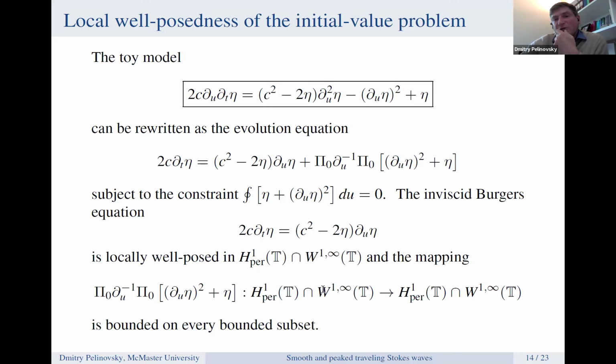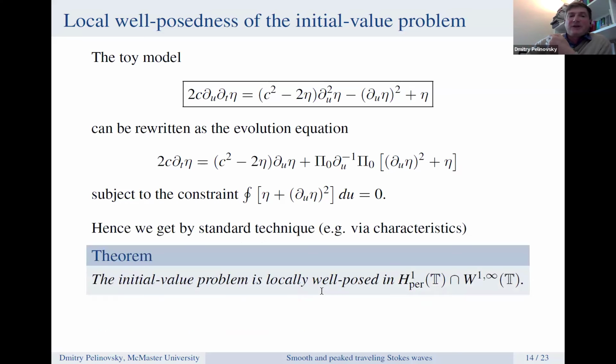And so by using the method of characteristics and the Duhamel principle, we can immediately end up with a local well-posedness in H1 space intersecting with bounded slopes, bounded first derivatives. And that's a space which makes sense for peaked wave and for smooth waves, but maybe not so much for cusped wave, if we want to consider evolution of the cusped wave.